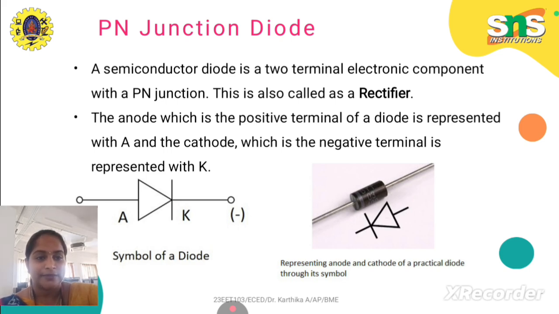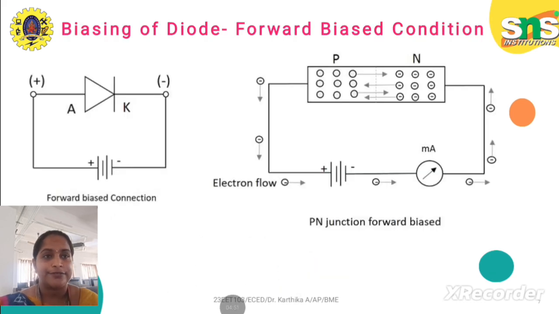See here, biasing of diode, forward bias condition. We have two biasing types, one is forward, another one is reverse. In forward bias condition, we connect the positive side of the anode with the positive of our source. See the second one.